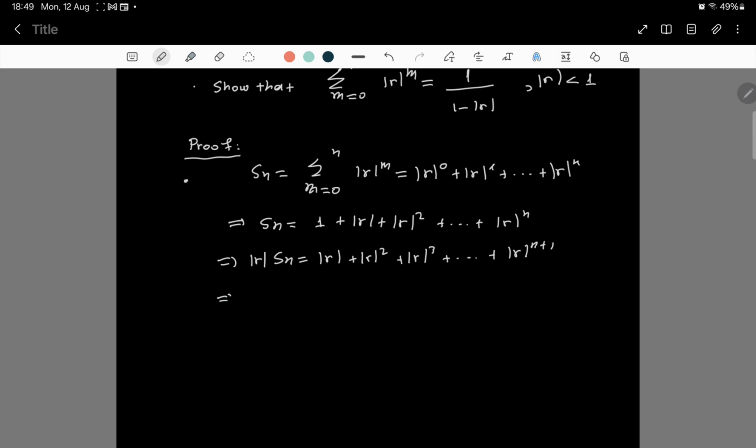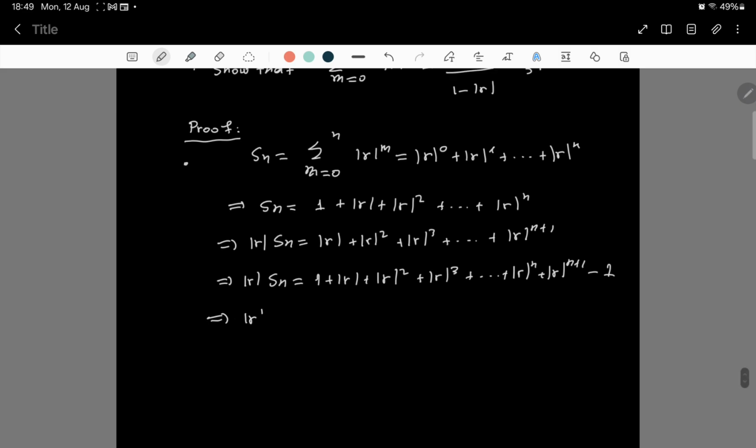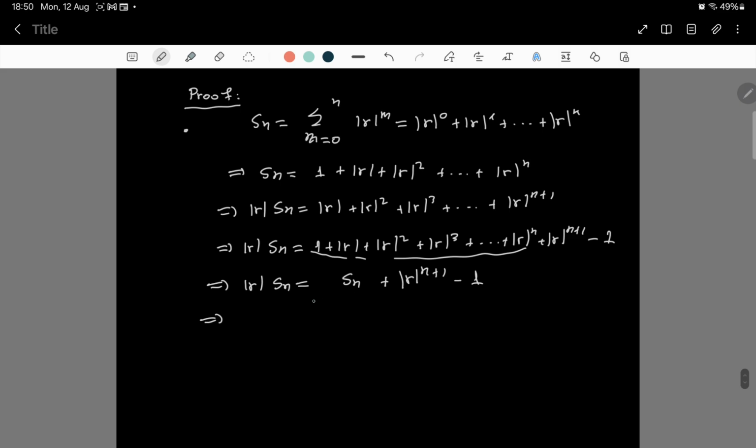Here we can do a trick at the right hand side. So we write 1 plus r plus r squared plus r cubed plus up to r to the power of n plus r to the power of n plus 1 minus 1. So r times Sn equals, this bit here is the Sn, plus r to the power of n plus 1, take away 1. I take this to the left hand side.